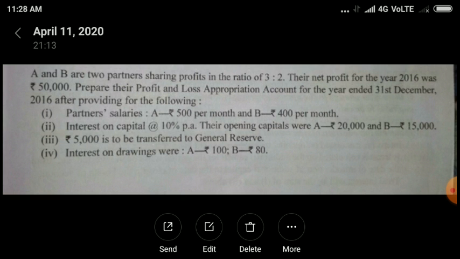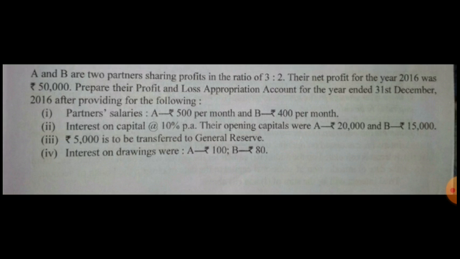A and B are two partners. They share profit in the ratio of 3:2. The net profit for the year 2016 had been rupees 50,000, and you are required to prepare profit and loss appropriation account considering the following adjustments.